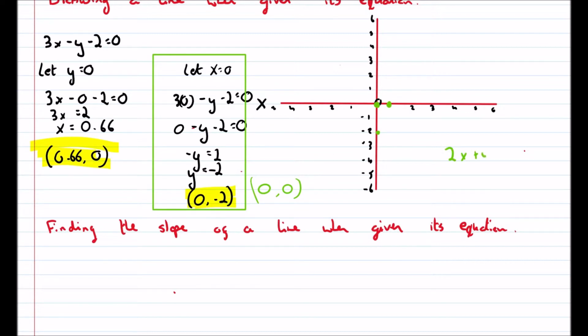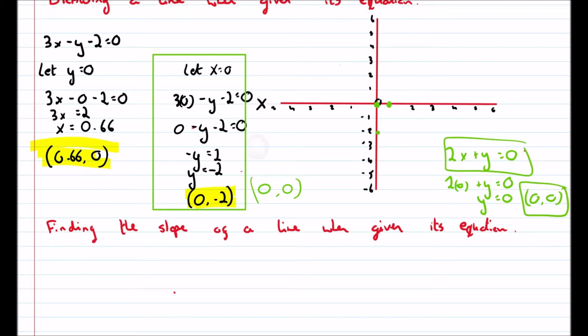So I'll give you an example: 2x plus y equals 0. Let x equal 0, and we get 2 times 0 plus y equals 0. 2 times 0 is 0, so y equals 0. So x was 0 and y was 0. So now I know that this line crosses the point at (0, 0). So it crosses here. Now there's no point in putting in 0 for y, because I know I'm just going to get (0, 0) again. Let's put in 1 for y.